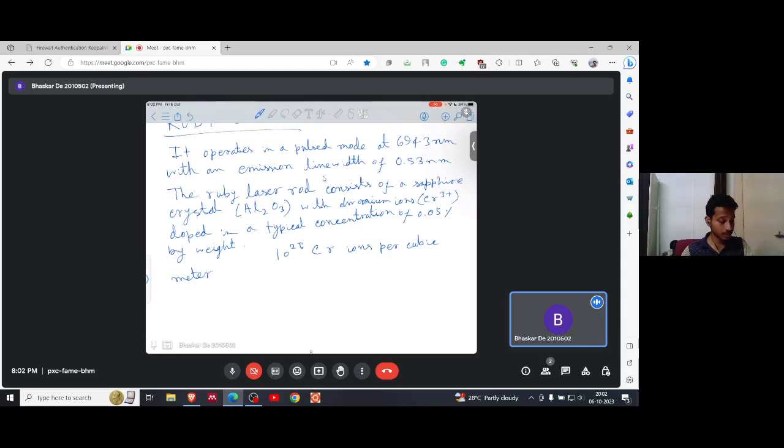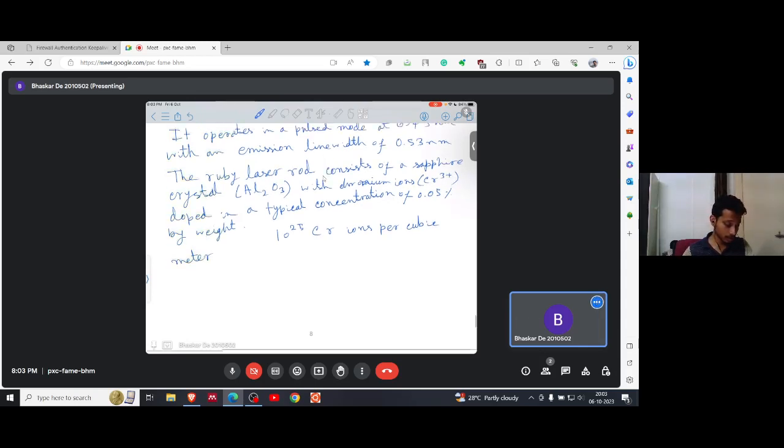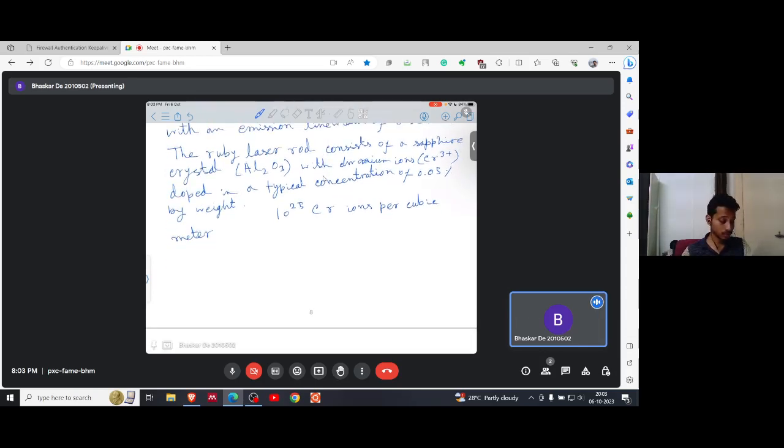The ruby laser is typically flash lamp pumped with pulse duration ranging from a fraction of a millisecond to a few milliseconds. The laser can also be Q-switched. The pumping absorption bands occur at 400 nanometer and 550 nanometer with an approximate bandwidth of 50 nanometer at each wavelength, and thus they match very well with the pumping spectrum of a xenon flash lamp. So basically the xenon flash lamp is used to pump the ruby laser.